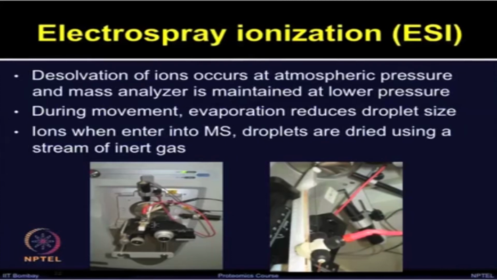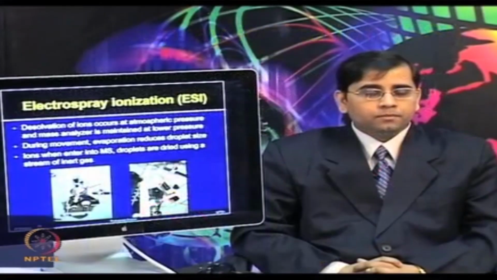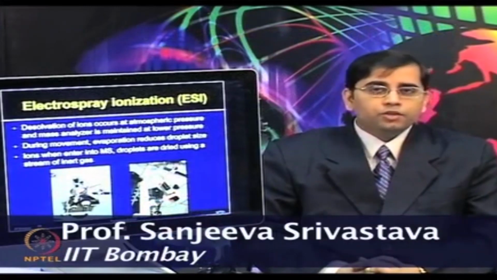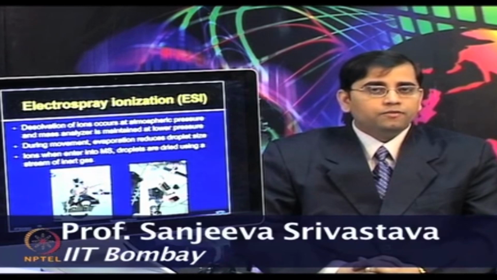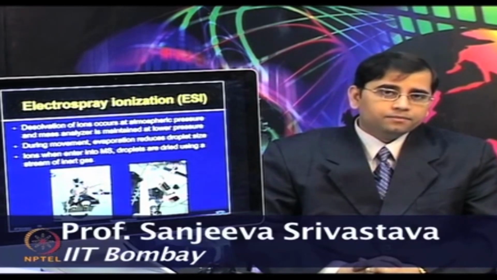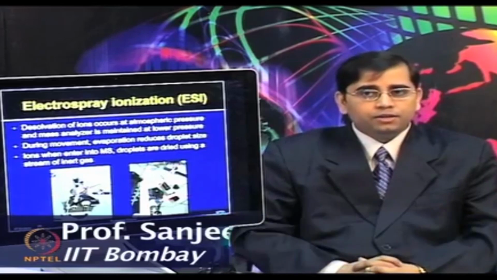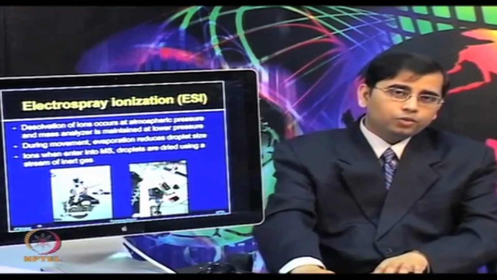During movement, evaporation reduces the size of droplets and then they split into smaller charged droplets. When ions enter the mass spectrometer, the droplets are dried using a vacuum of inert gas, which results in gas phase ions accelerating through the analyzer towards the detector.